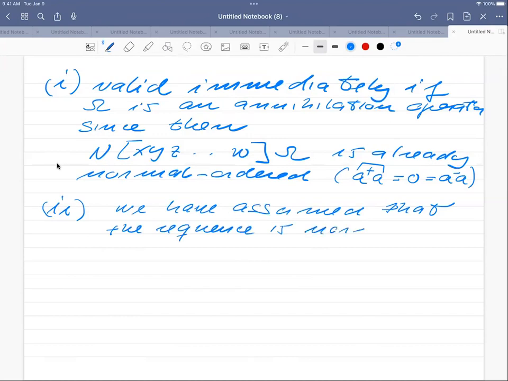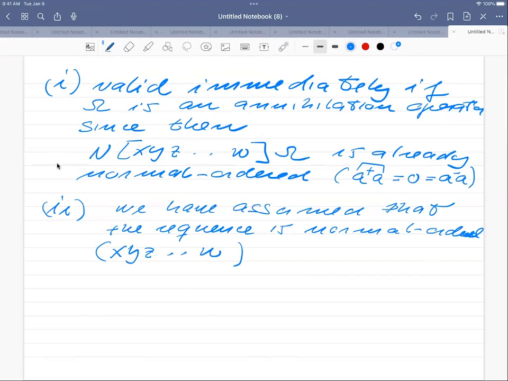So that's the sequence of operators X, Y, Z up to W. And if it's not, you would simply have a rewrite, which just introduces a phase. So if the set of operators is not normal ordered already, you would just have a phase, and it wouldn't change the result here. So that would just introduce a phase in all terms of the lemma equations which we have.